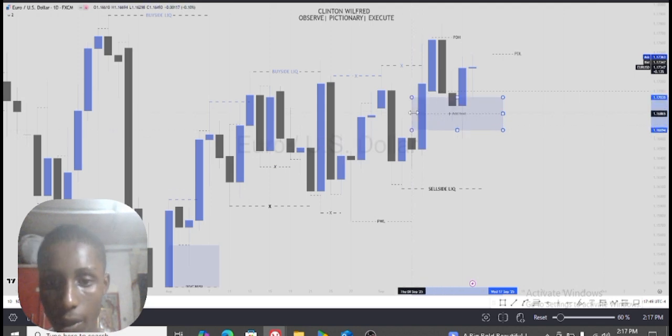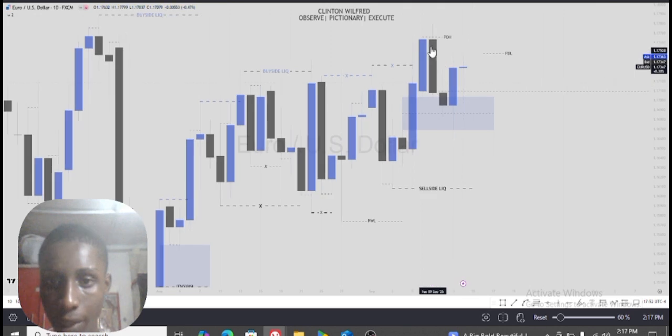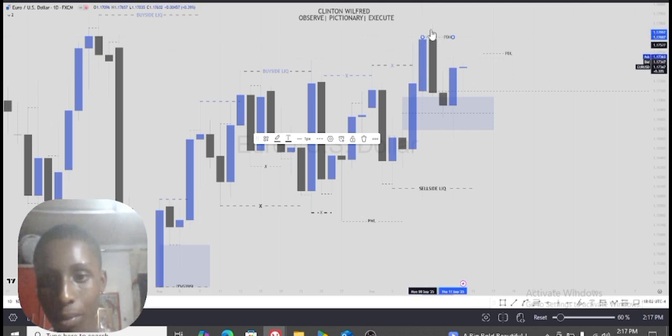So after taking buy side liquidity, we've been expanding to the upside. We had Monday making an expansion, Tuesday making some classic expansion to the downside. You can see Tuesday took out Monday's low, a classic expansion to the downside. That's a sweep.